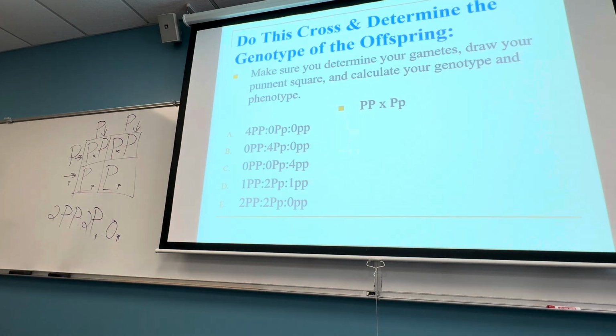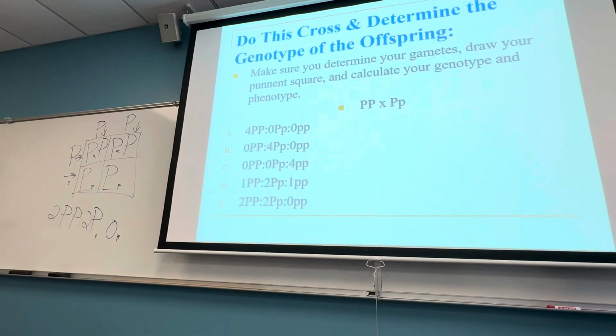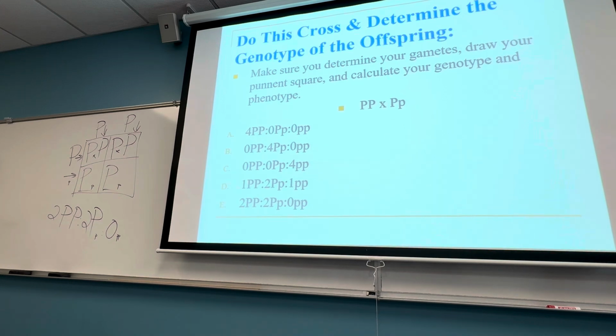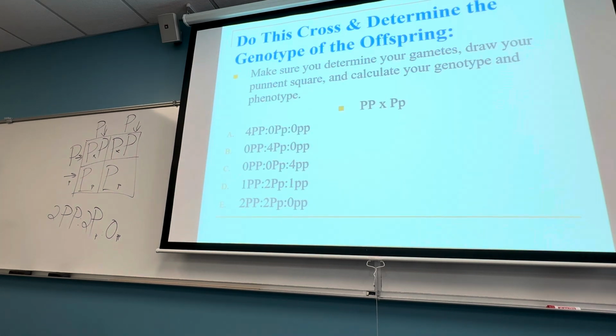Okay, so our answer is E. I was like, do I have the answer up there? I do see it, right? Is E, that we have 2 to 2 to 0. All right, E is correct.